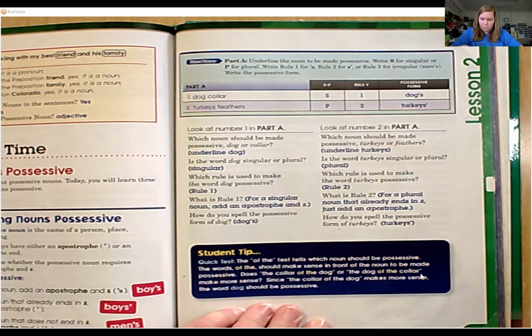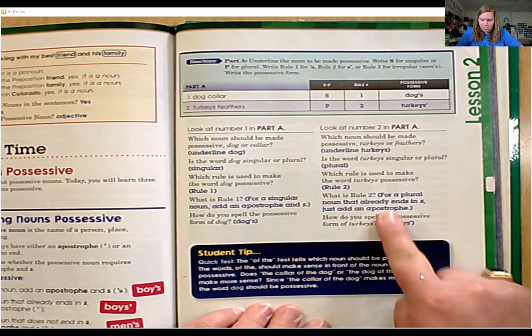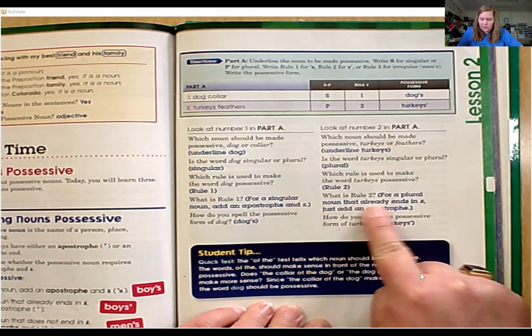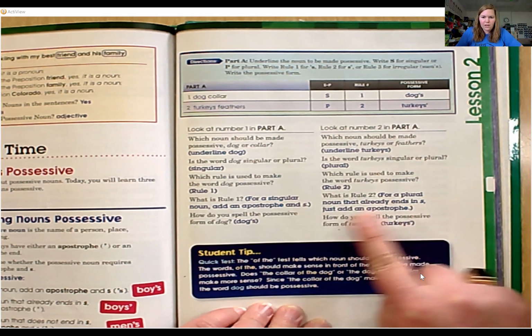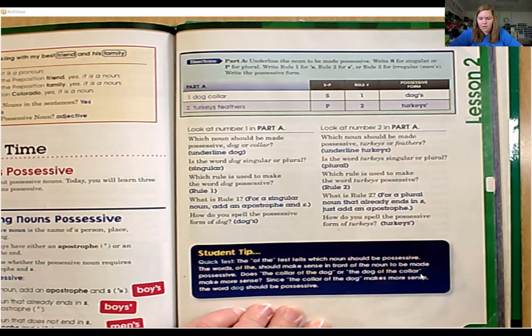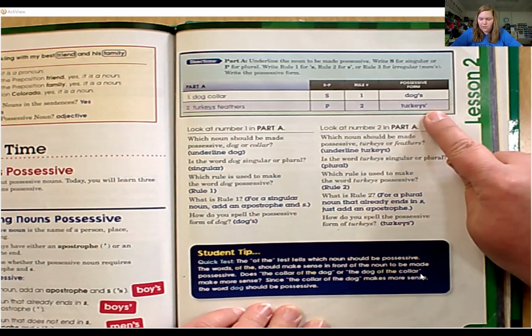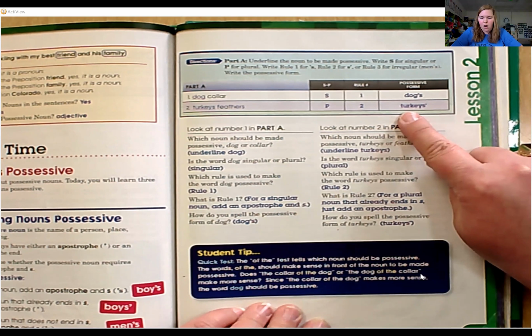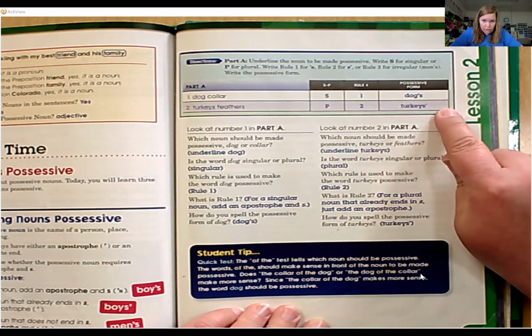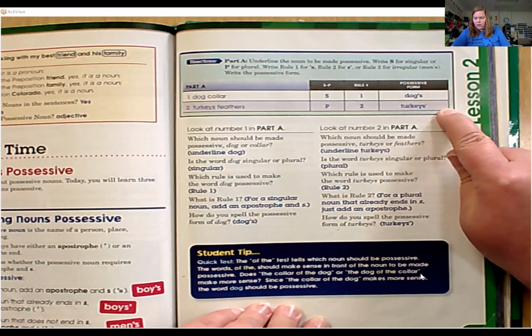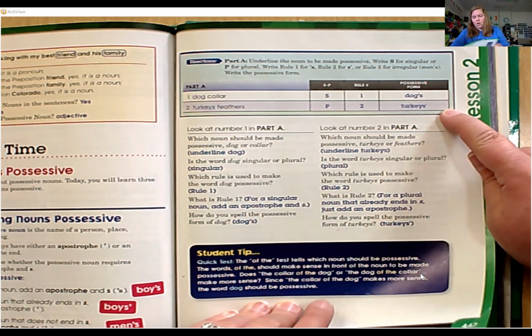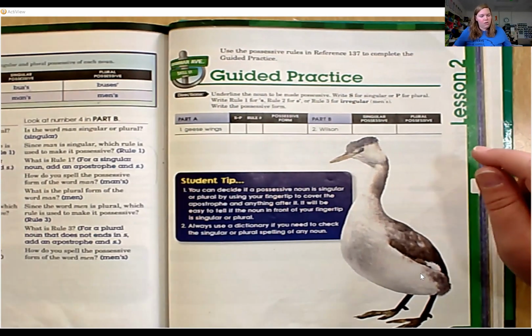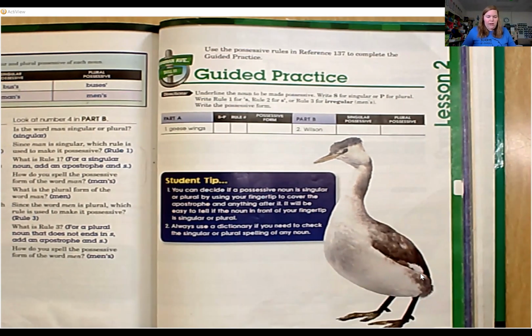Yep, so rule number 2, for a plural noun that already ends in S, just add an apostrophe. So turkeys is spelled turkeys, apostrophe at the end. Okay. So like I said, tomorrow you will get another one like that.